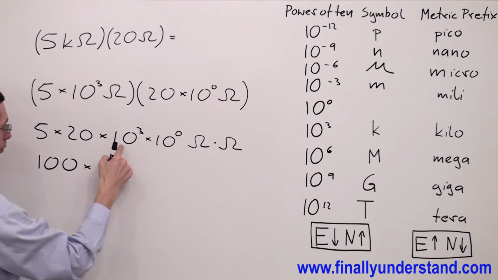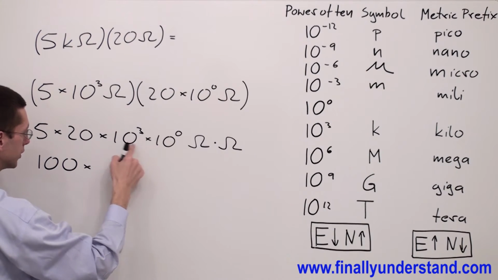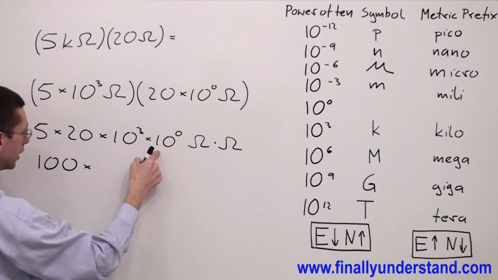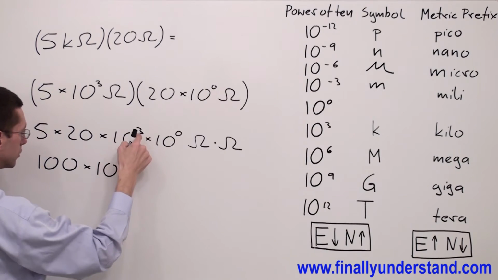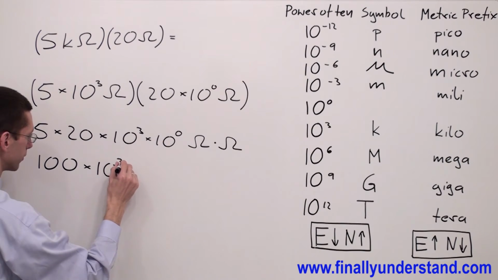Anytime I multiply two numbers with the same base, I have to keep the base and add exponents. That's why I'm going to have 10, and 3 plus 0 gives me 3.